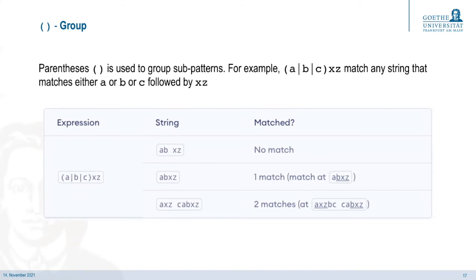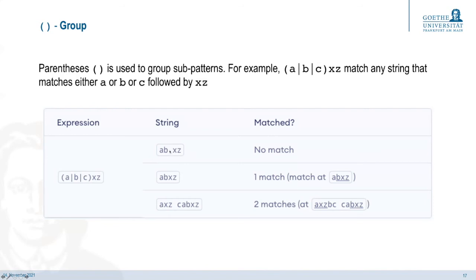The parentheses are used to group sub-patterns. For example, we have within parentheses A or B or C, and those have to be followed by an X and a C. That would be our match for these expressions. In the first one, we have no match because we have a space in between.